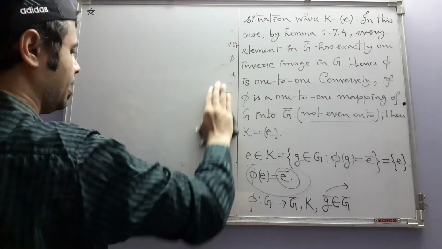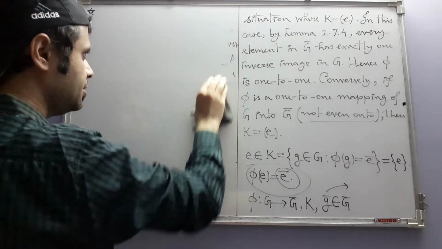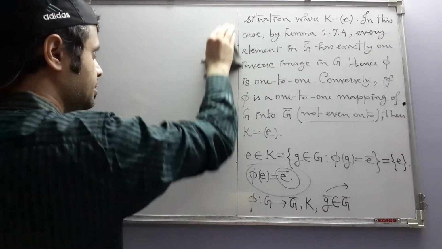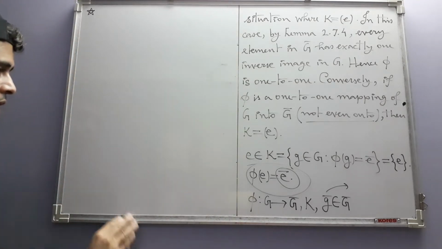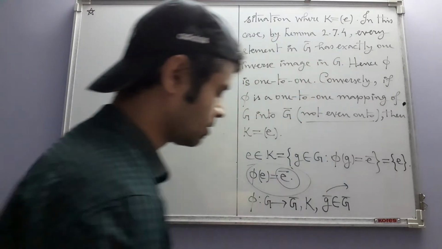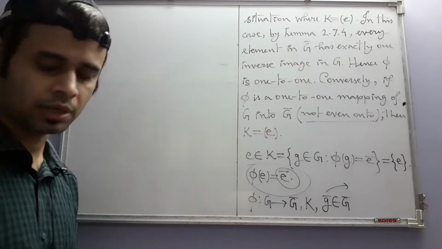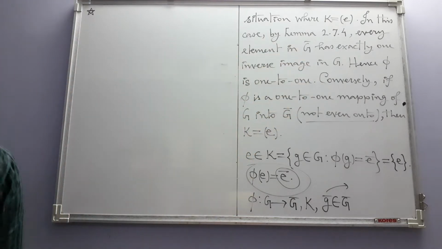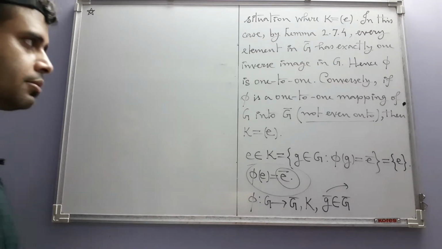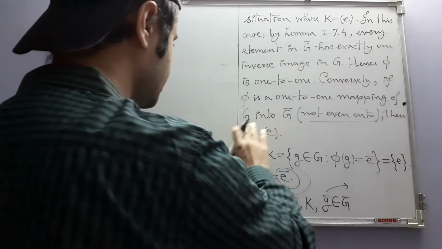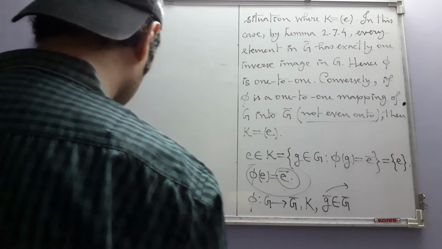Now next we have a definition that is about homomorphisms that are one-to-one, because one-to-one homomorphisms have appeared in this way. They can be considered independently, but they have appeared in this way, linked to the kernel.